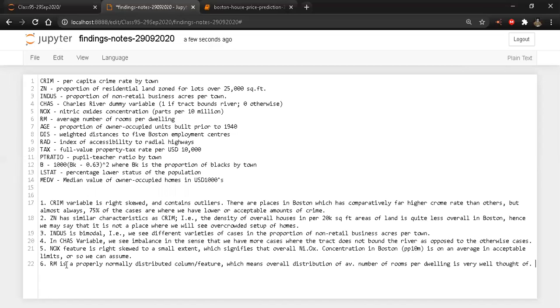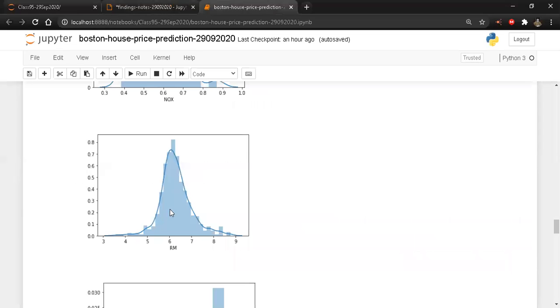Now this is a confusing statement. I'll tell you why. Because if we have normally distributed data, right? In this case, we are seeing that the average number of rooms per dwelling is normally distributed. So how much is the average? Approximately 6.1 or 6.2. So on average 6 rooms are there per dwelling.